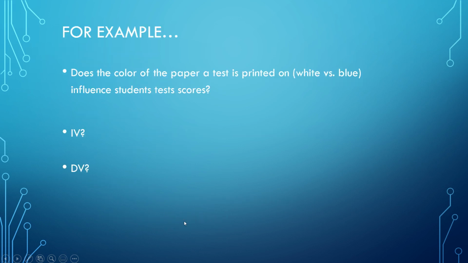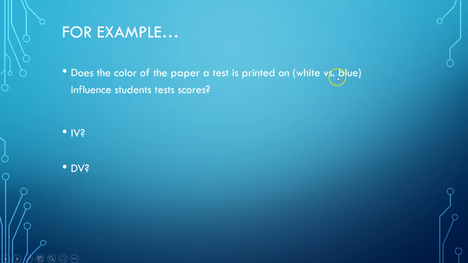For example, if I did this study of white and blue paper on test scores, and I found that the group that took the test on the white paper did better than the students who took the test on blue paper.